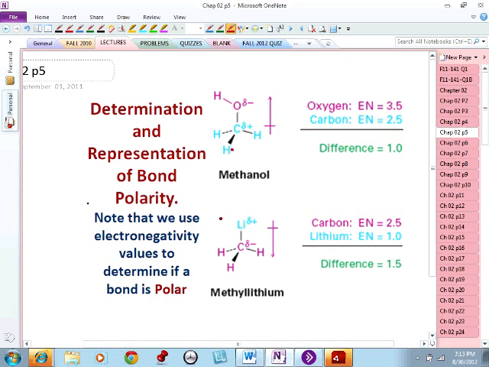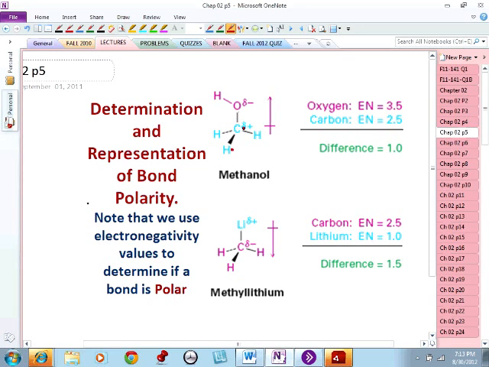Anytime the difference in electronegativity between two atoms is 0.5 or above, then you have a polar covalent bond. So in this case, the bond between oxygen and carbon, we will say this is a polar covalent bond.